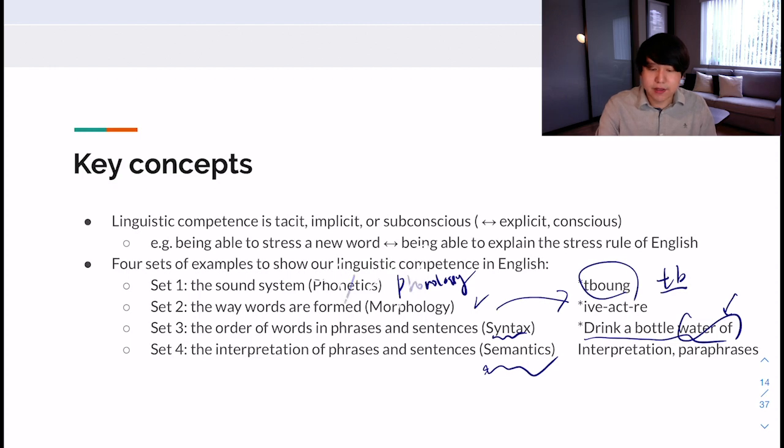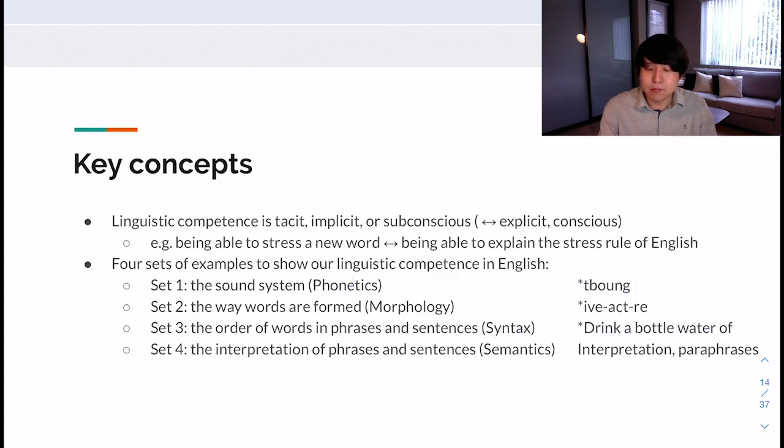Oh, sorry, there's a bunch of things here. Okay, so there are four levels of linguistic competence in English: phonology (I wrote phonetics, which is a typo), morphology, syntax, and semantics. You have the phonology level of linguistic competence in English.